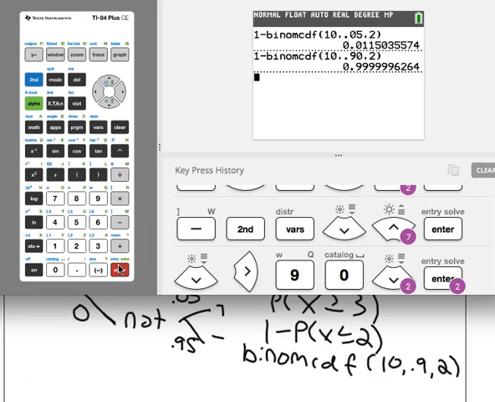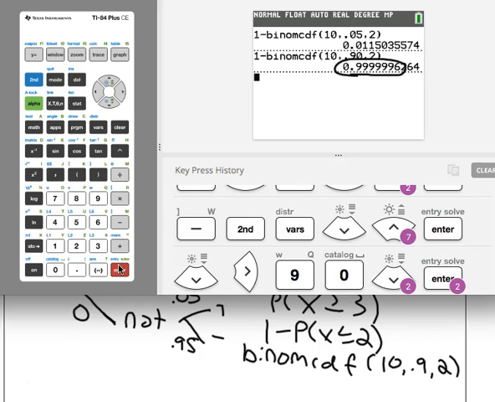A 0.99999 chance that the test is going to do its job. I'm not going to write all that, you can write that down. So this means the test does a pretty good job, right? If everything is infected, there's almost 100% chance the test is going to do its job and figure out that there is the infection. Okay, so we've seen both extremes, and on both extremes, it looks like the test is doing its job.